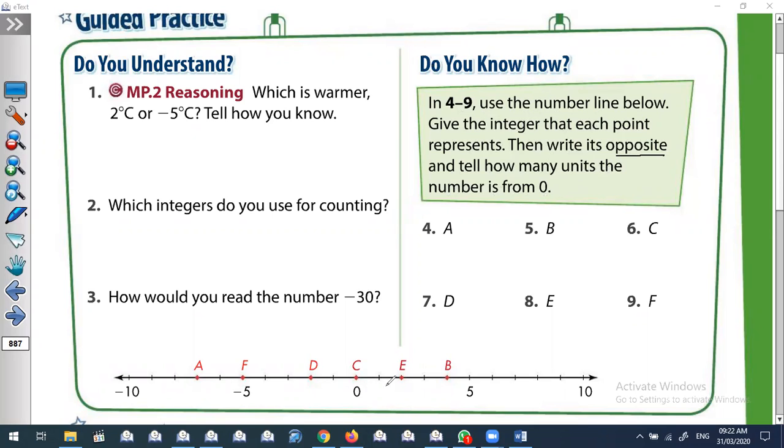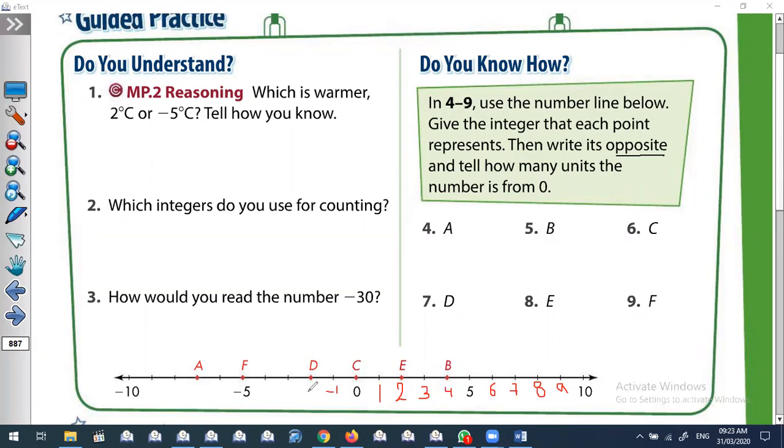Here we have 0. After 0, let's complete the number line first. After 0, 1. On the right, 2, 3, 4, 5, 6, 7, 8, 9, 10. The positive numbers, and the negative numbers will be on the left, like that.